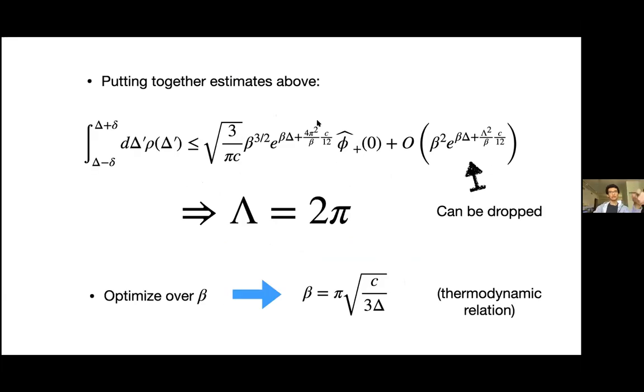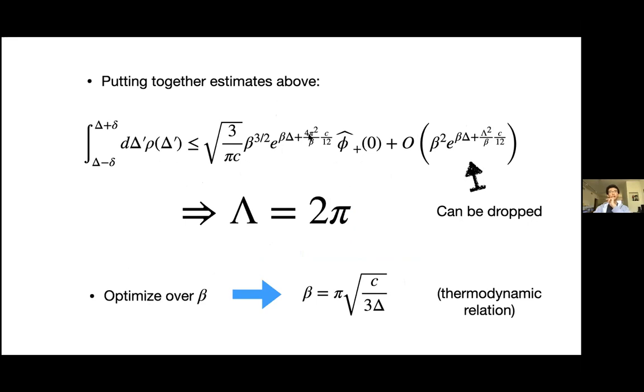So now collecting everything together, we get this term from the light operators, this term from heavy operators. Also, if you're more careful, you can work out the prefactor beta squared. And so now it becomes obvious that in order for heavy operators to be suppressed, you just take this lambda to be smaller than or equal to 2 pi.